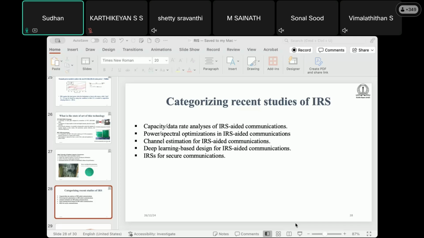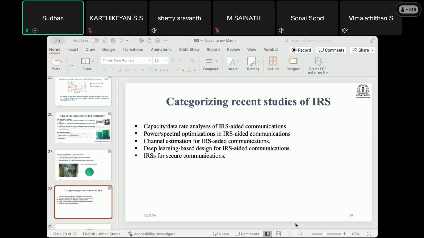So it is not placed between, it is at a different angle. It is not placed on the line of sight location. It is placed in such a way that it can create a line of sight between the base station and IRS, and line of sight between IRS and user equipment.